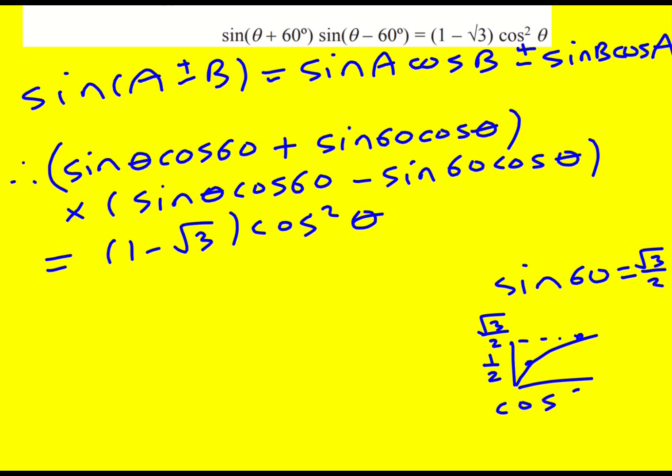And then cos 60 is the other one, it's a half. It feels like a good idea to substitute in for that at this point.